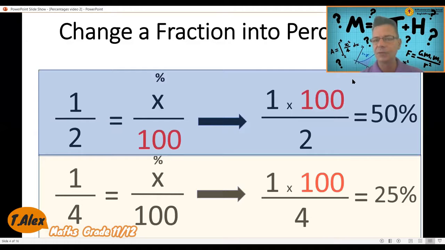Then you can cut 100 and 2 to get 50. And here, the same method, 1 over 4. Take the 100 to the other side. 100 divide by 4, 25. So you divide the numerator by the denominator and multiply by 100.